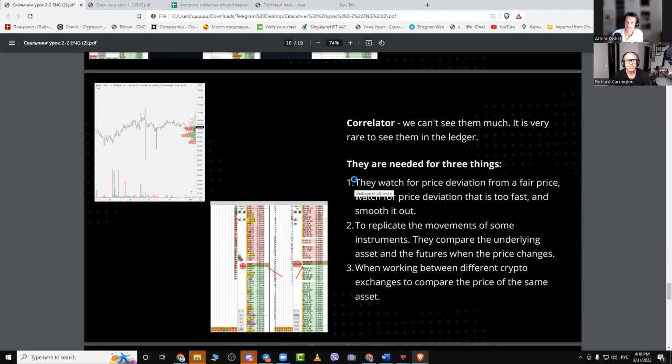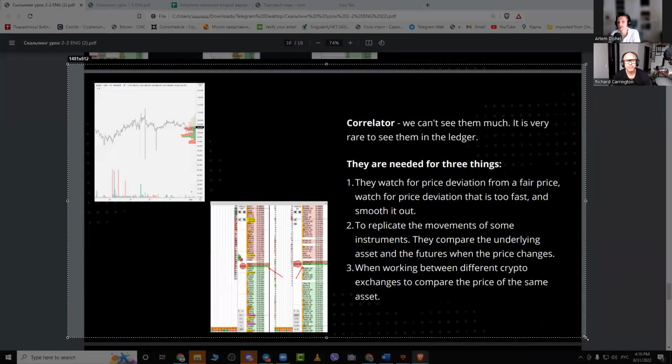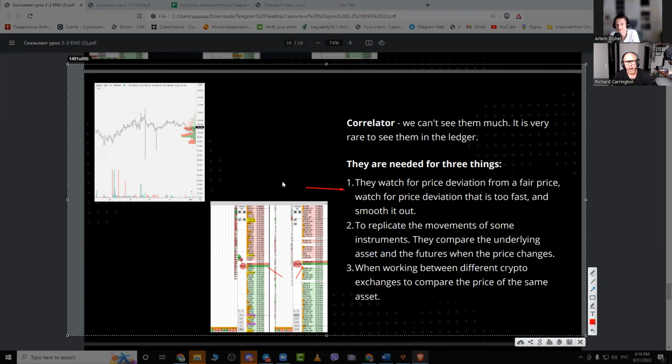It's interesting. Correlator. We can't see them much. It is very rare to see them in the ledger. They are needed for three things. First, they watch for price deviation from a higher price, watch for a price deviation that is too fast, and smooth it out.